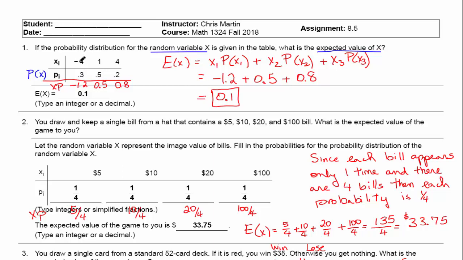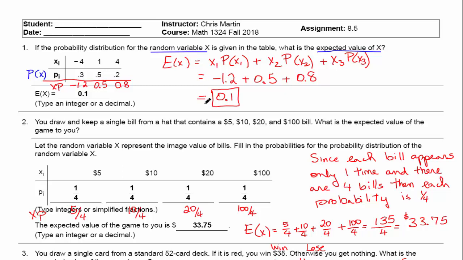So minus 4 times 0.3, 1 times 0.5, 4 times 0.2. And then you add them all up and you end up with 0.1. So this is the expected value or the long-term average.